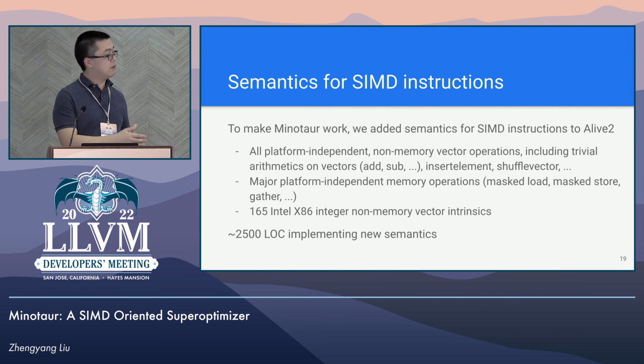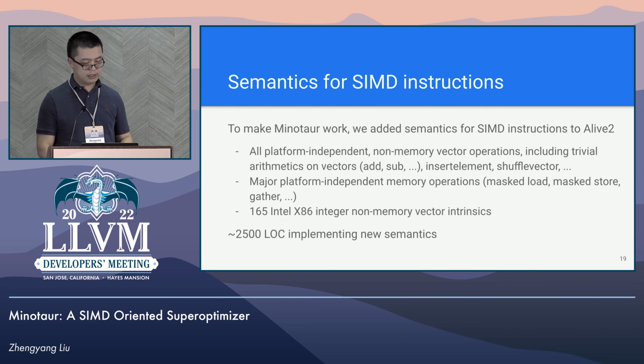In order for Alive2 to be able to reason about vector programs, we need to teach Alive2 the semantics of those vector operations. Till now, the semantics for all platform-independent vector operations, such as add, sub, multiply, are all implemented, and all other vector platform-independent operations, such as insert element, shuffle vector, are also implemented and open source at the main Alive2 repository.